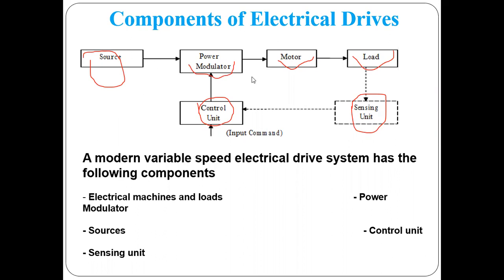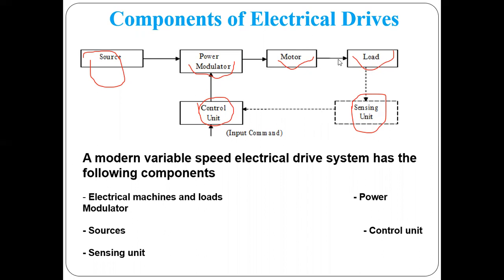If we are using a DC motor, DC motors require a DC supply as input. So if we have the AC source universally available, then we use a rectifier. The controlled rectifier will give the desired output to the DC motor to operate this motor.